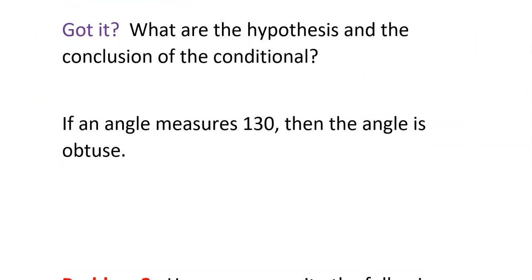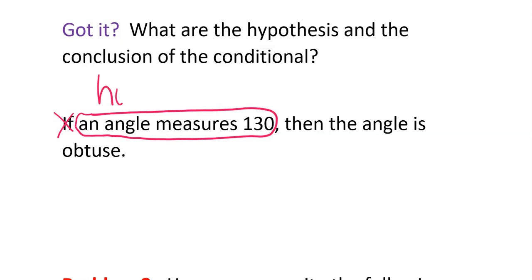Okay, what are the hypothesis and conclusion of the conditional? So again, a conditional is an if-then statement. We're looking for the hypothesis. What's my keyword? If. So I see it. I don't want that, but I want everything else. And I'll abbreviate it this time. So my hypothesis is an angle measures 130. Then I look for my conclusion.